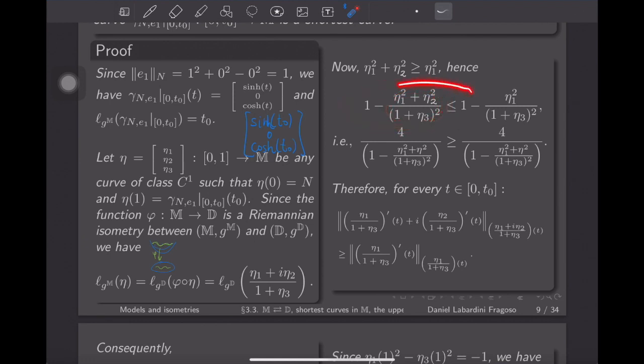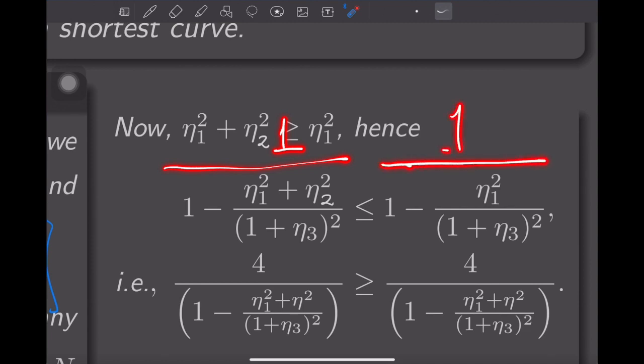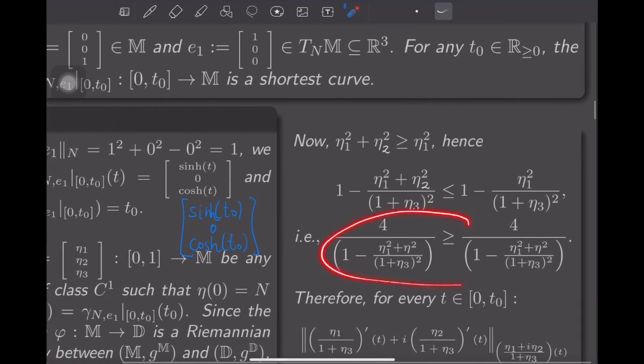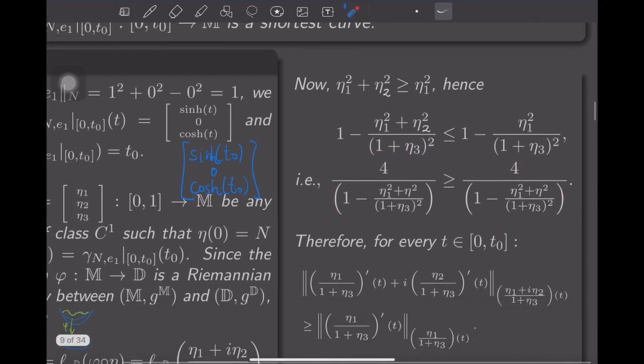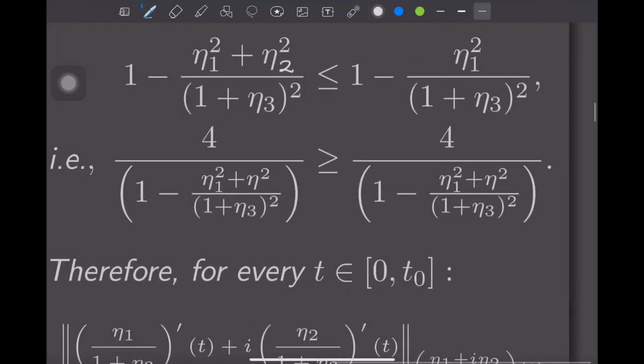And so, since I'm speaking about positive numbers, when I take their inverses, this inequality is reversed. And then I multiply by 4, and then I obtain this inequality. Okay. And here, oops, I don't know why I made this mistake. And here also, there should be nothing here, because here eta 1 square is by itself. So maybe let me fix it.